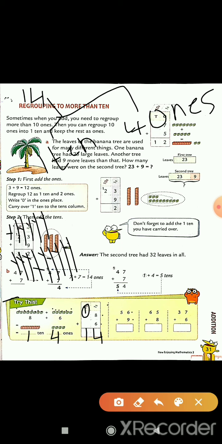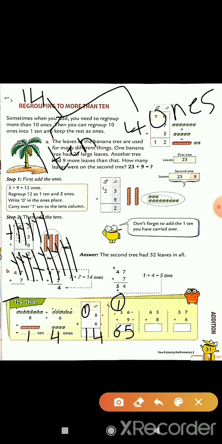We got 15. We can regroup 15 as 1 ten and 5 ones. So at the place of ones we can write 5 and 1 is carried to the tens column. Now add the tens. 1 plus 5 is 6. So our answer is 65.